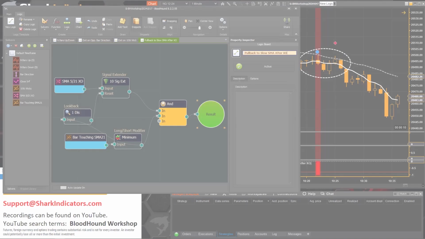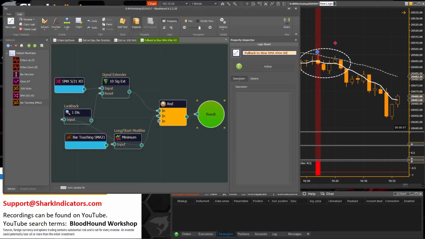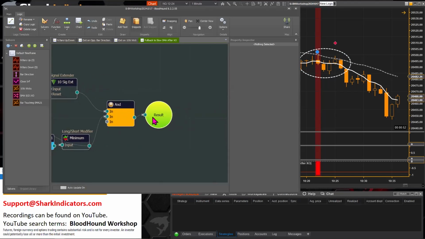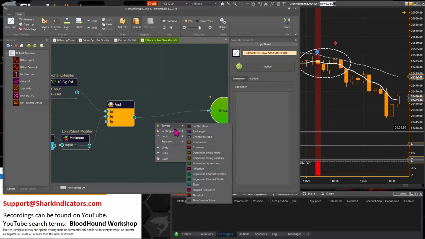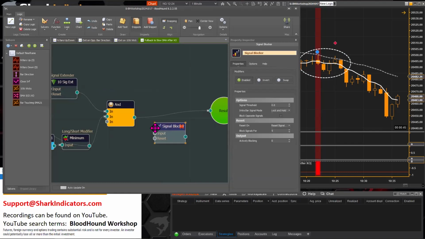Yeah, so Drew was assuming we use the signal counter to only allow one signal per crossover. Actually, if you only want to allow one signal, the better choice would be to use the signal blocker. The signal blocker is specifically designed to allow only the first signal through and then block the rest.